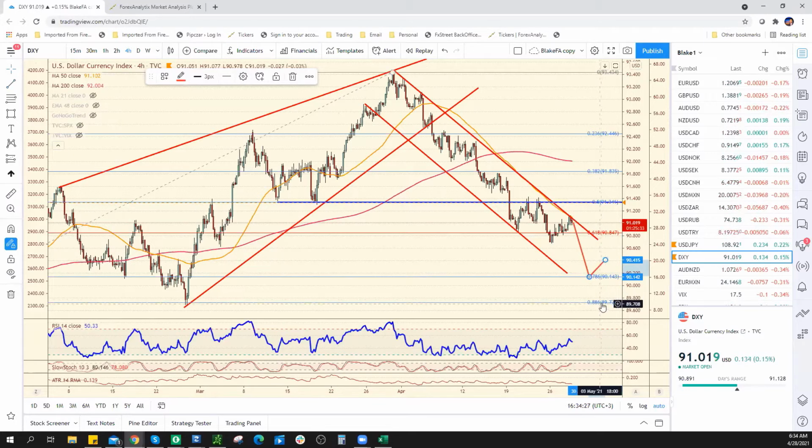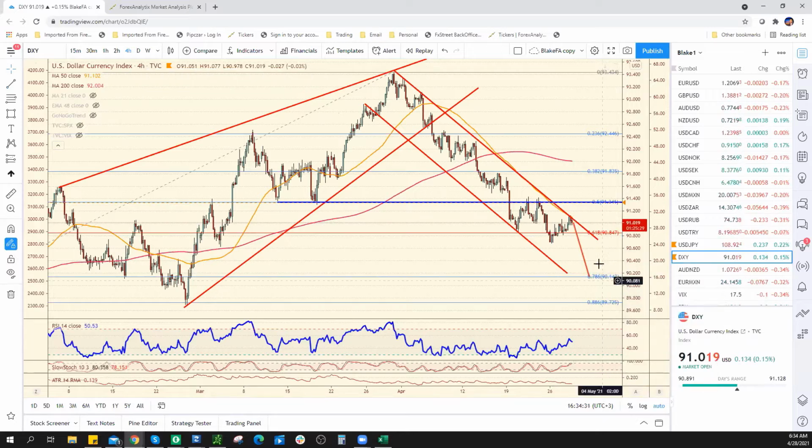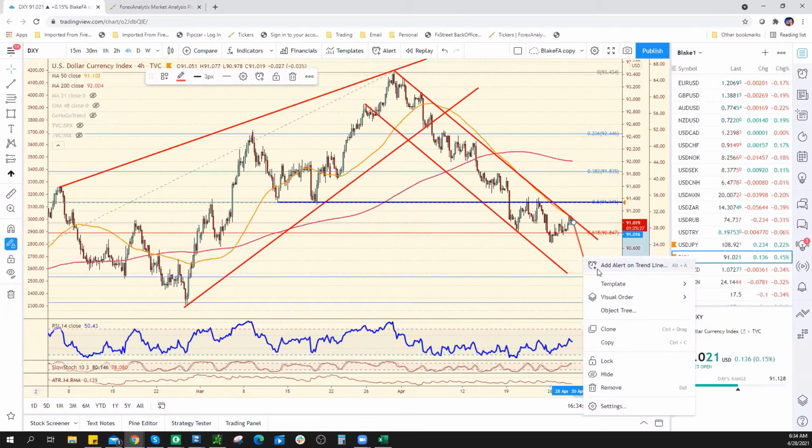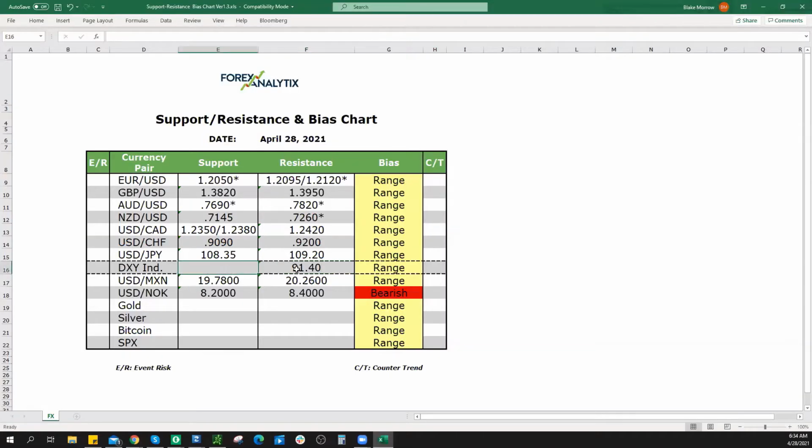So stay inside of this channel, basically. Where does that put the euro? That puts the euro probably at 122, I would think. So support for the dollar index is at 90.70 or 90.67, but basically 90.70.